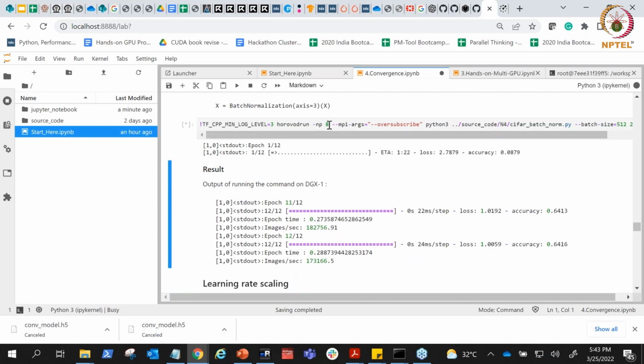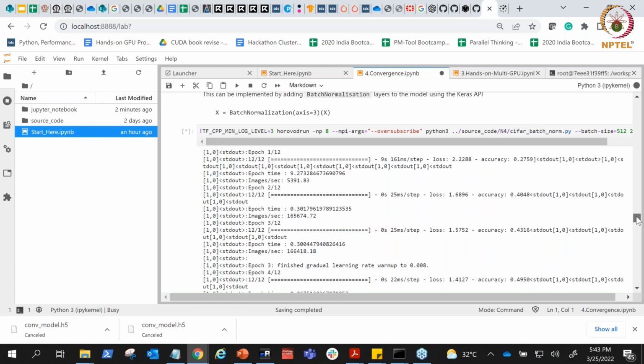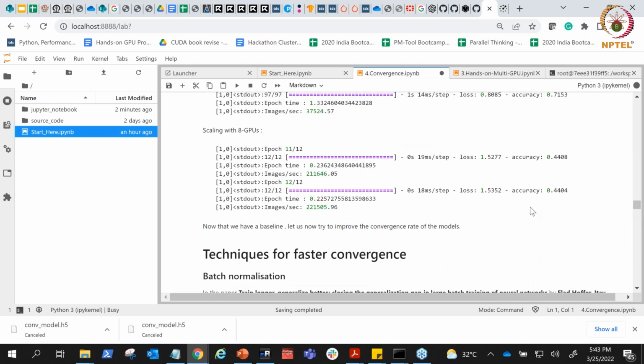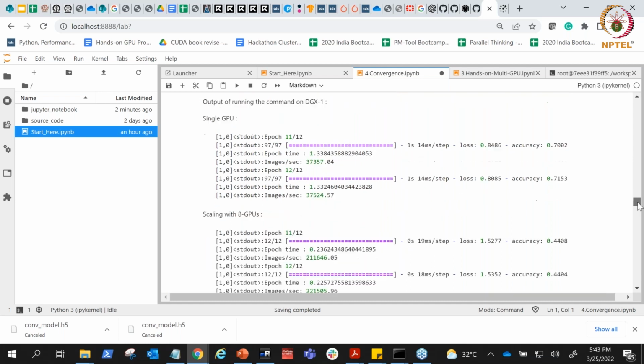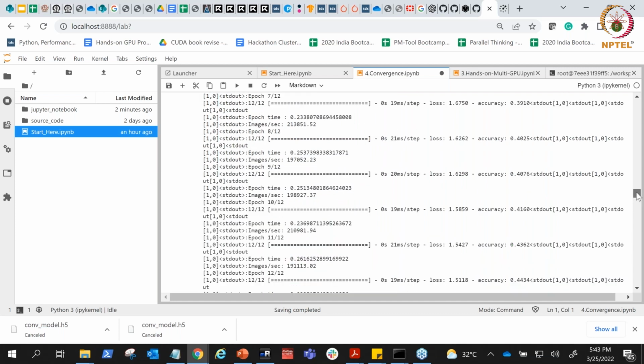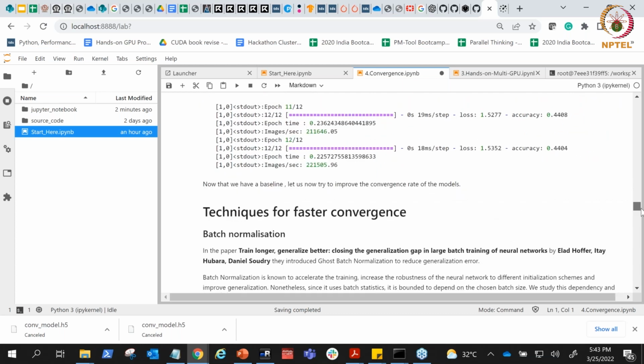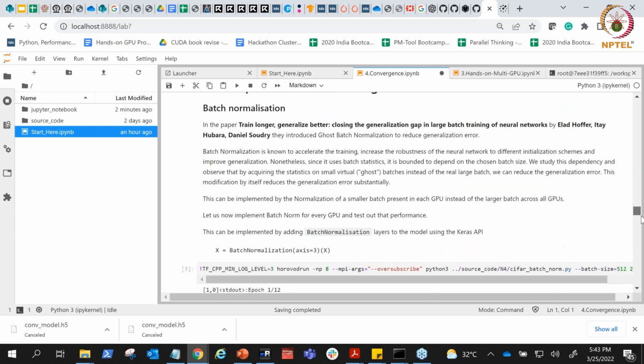We are running again on 8 GPUs. Please note that I am running again on 8 GPUs. Previously, by running on 8 GPUs, we were able to get higher images per second. With 8 GPUs, I got 214,000 images per second versus 42,000 images per second on a single GPU. But my accuracy reduced, so it was of lesser use for me.